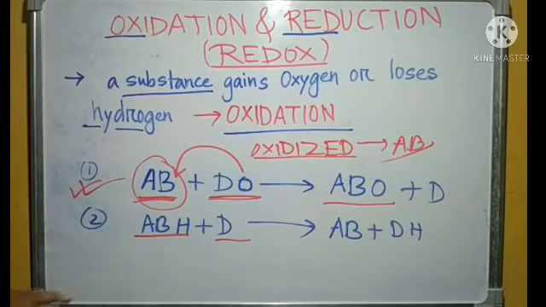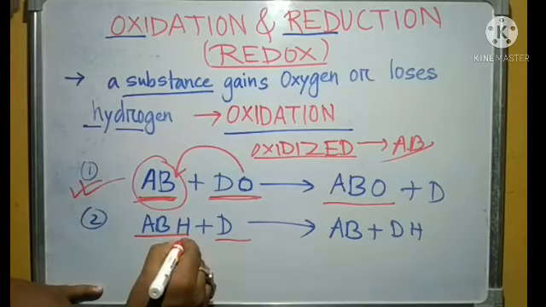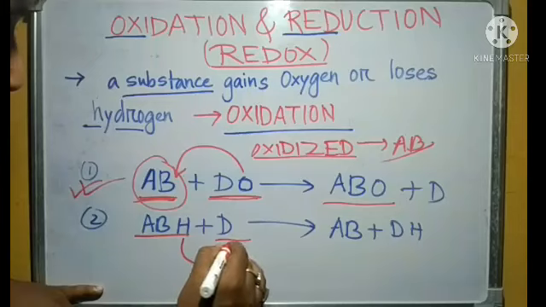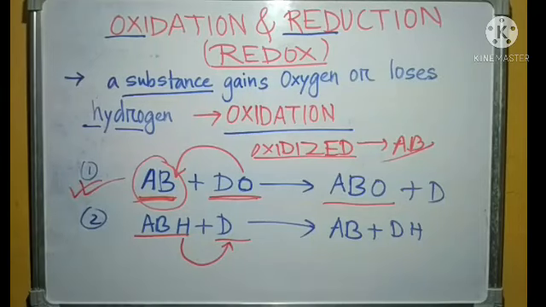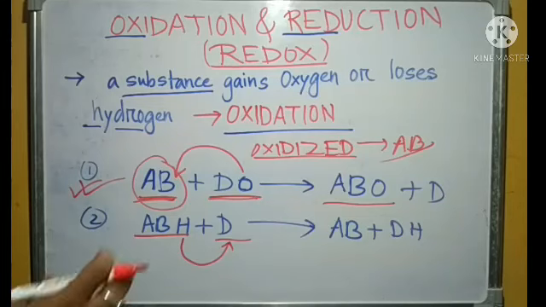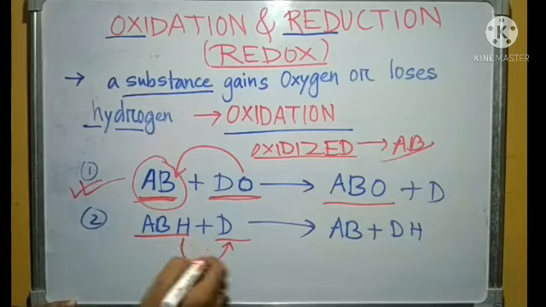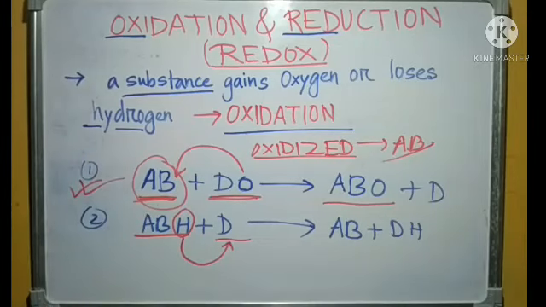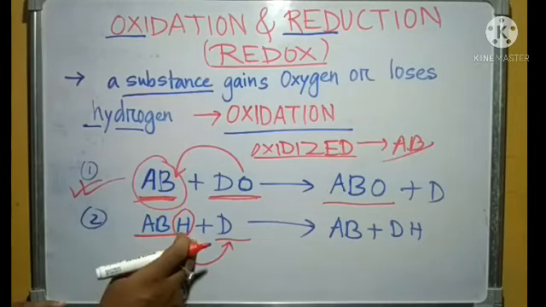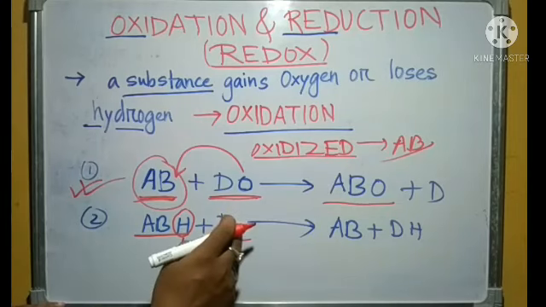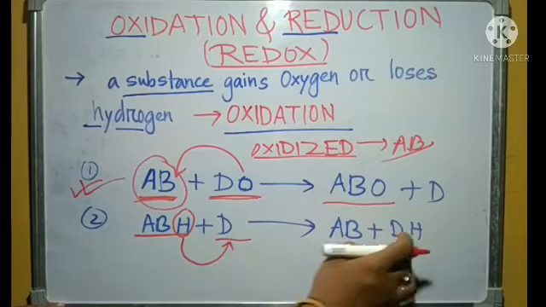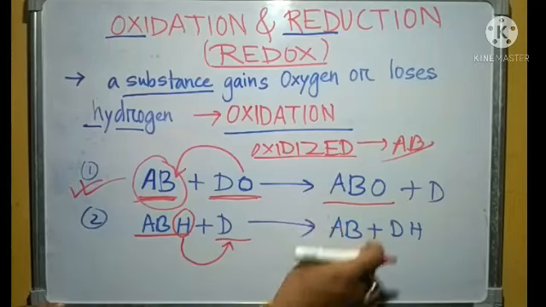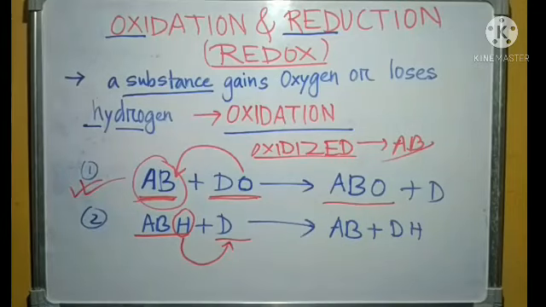If the hydrogen atom leaves the ABH reactant and goes to the D reactant, then AB will lose this hydrogen atom, and it will go to D. So we get the products AB and DH. That means ultimately AB is losing its hydrogen atom.